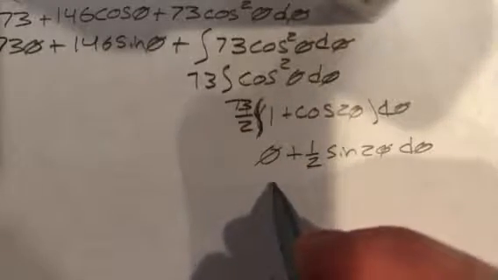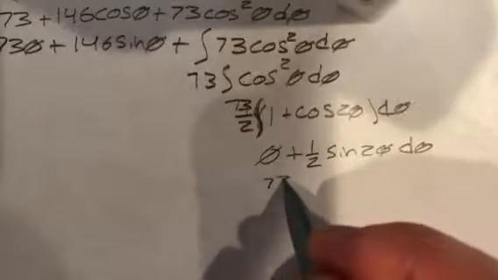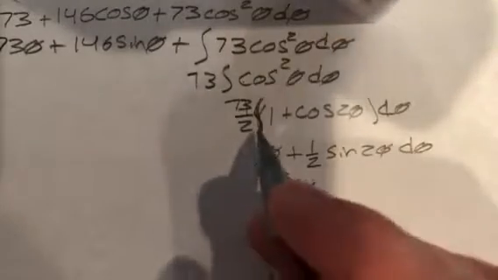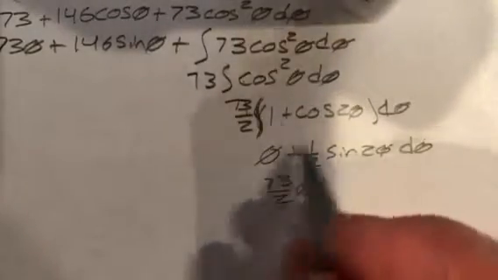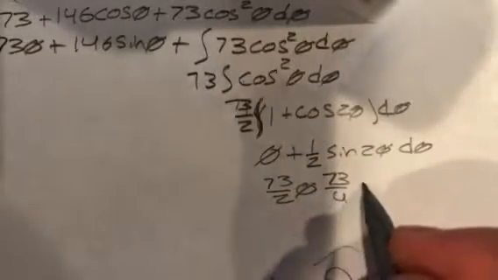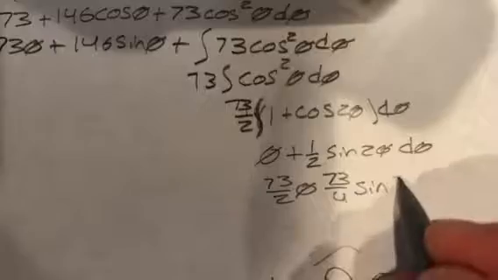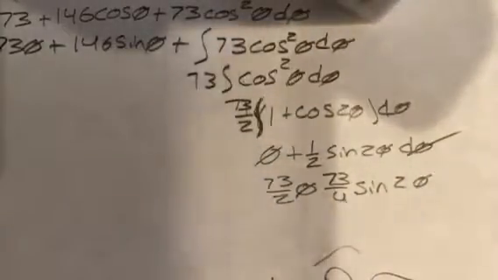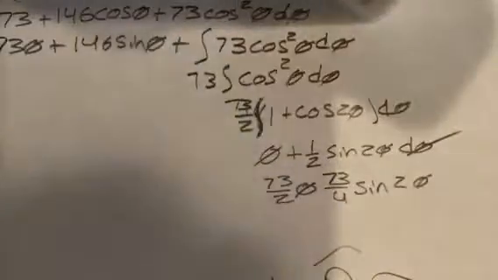So it's just going to be 73 over 2 theta, and we multiply this across into this, and we're going to be left with 73 over 4 sine 2 theta, and this d theta disappears because we integrated it.